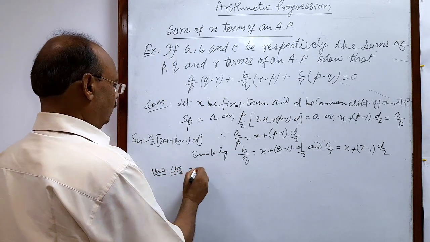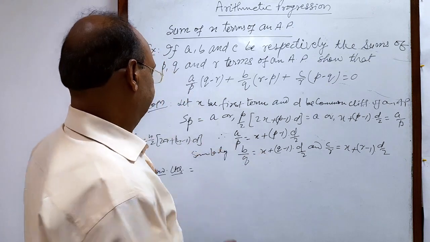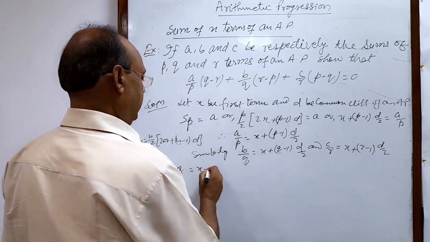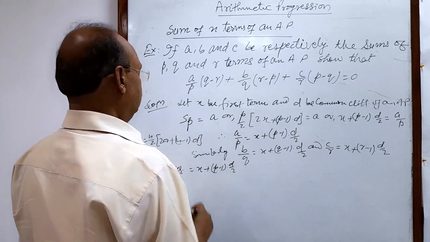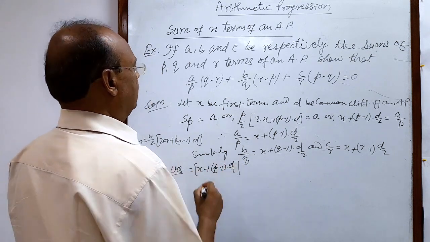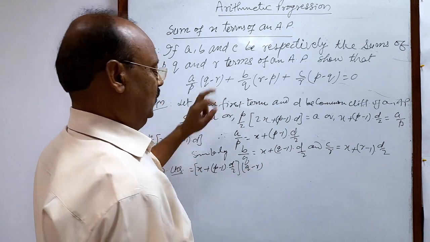The LHS will be, in place of a/p, we'll write the corresponding value. How much? x plus (p minus 1) into d/2. This is a/p, and into (q minus r).